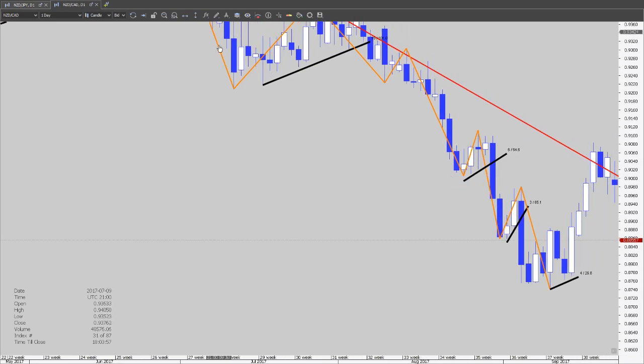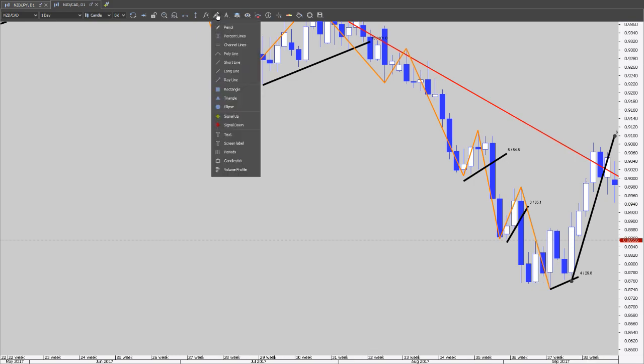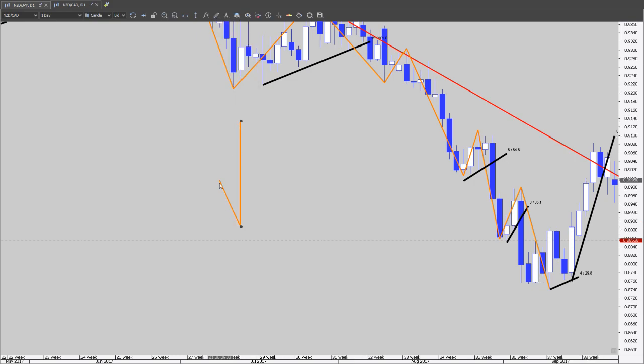Now everybody pay attention to this, especially the one who said, "Oh, I don't believe you." Do we have or don't we have a counter trendline break? Do we have or don't we have? I hope my English is correct.